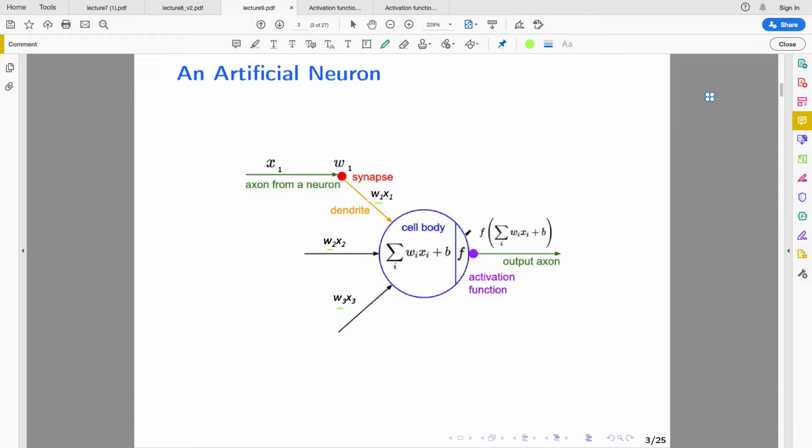W3. So this node, which actually performs the computation, is also referred to as the computational unit.